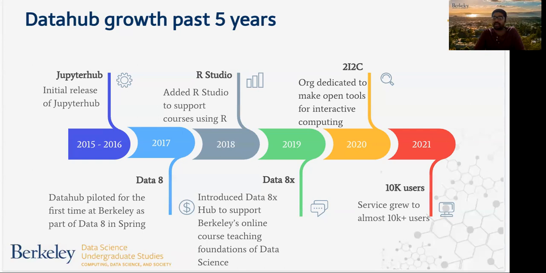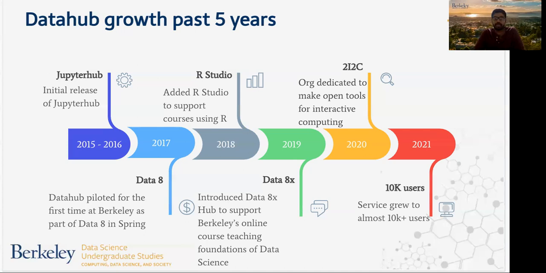And in 2019, there was a MOOC called Foundations of Data Science, which had Datahub integrated. So students who are not part of Berkeley, who enrolled for this course, could also use Datahub and run their data science work there.